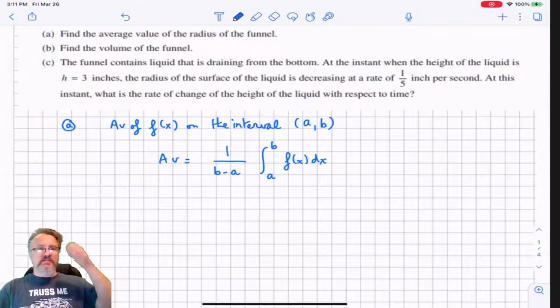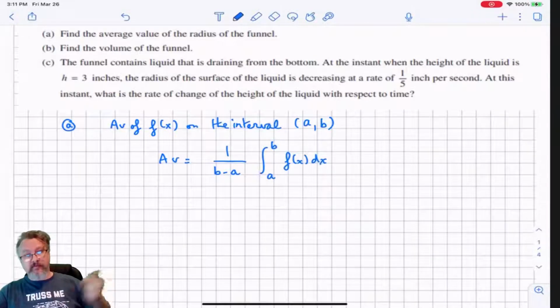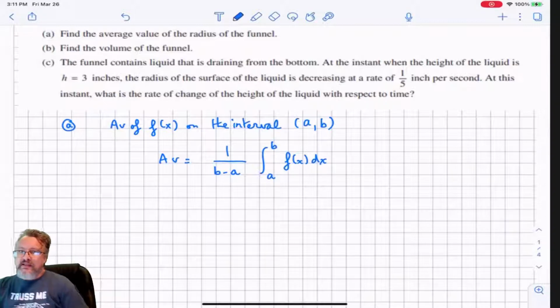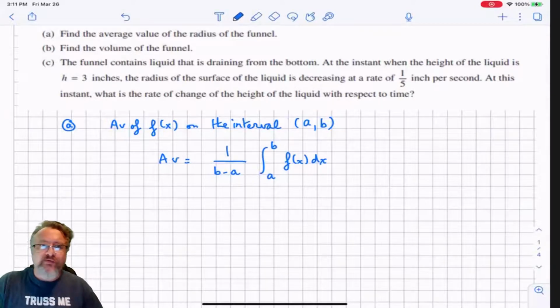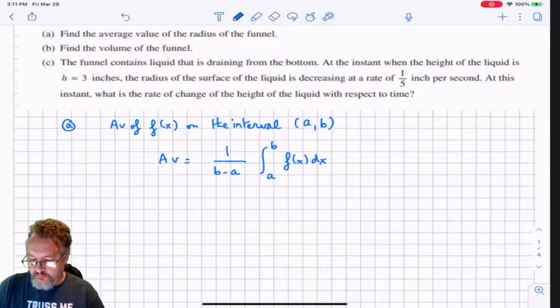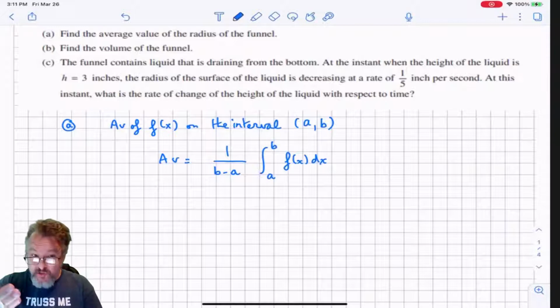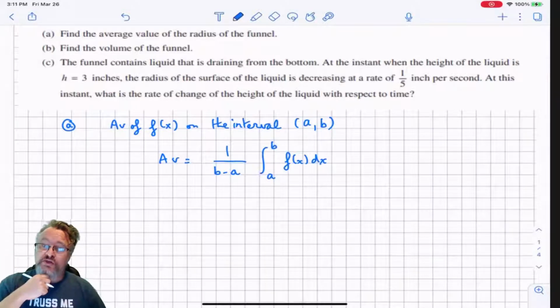And this is directly related to the mean value theorem. This is really fundamental to solving problems whenever you have the words find the average value. It's common on the AP test. You will have that extremely often.